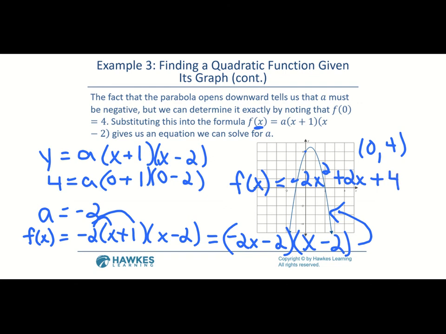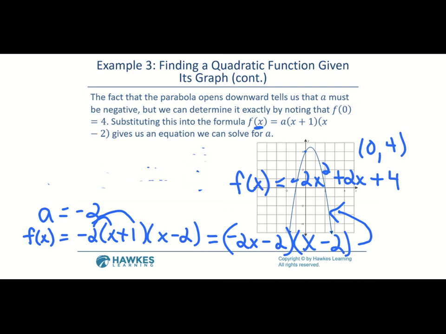And from there, once we have that, now we can find the vertex. So let me erase a little bit over here. All right, so we got the standard form of the equation, and what we want to do now is find the vertex of that equation, because that's what they ultimately asked for.